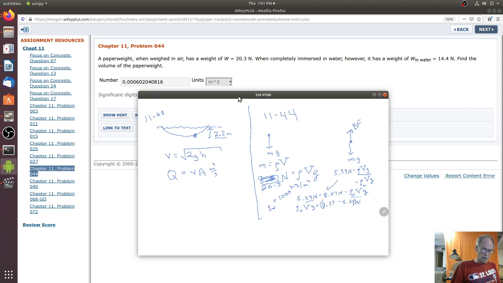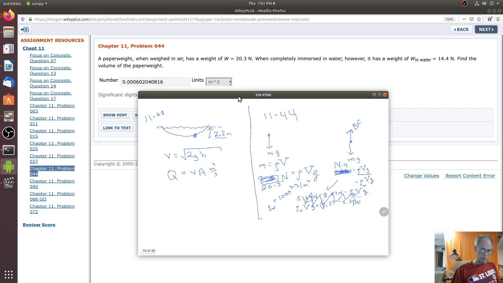And then when they weigh it in water, the problem I was working here was they had a number 5.39. Here they got 14.4 newtons. That's equal to the weight in air minus the buoyancy force of the water. That's the density of water times the volume times g. So it's equal to the difference between those two.